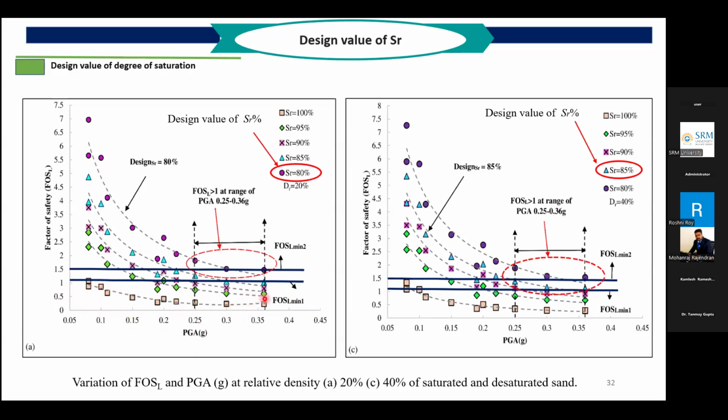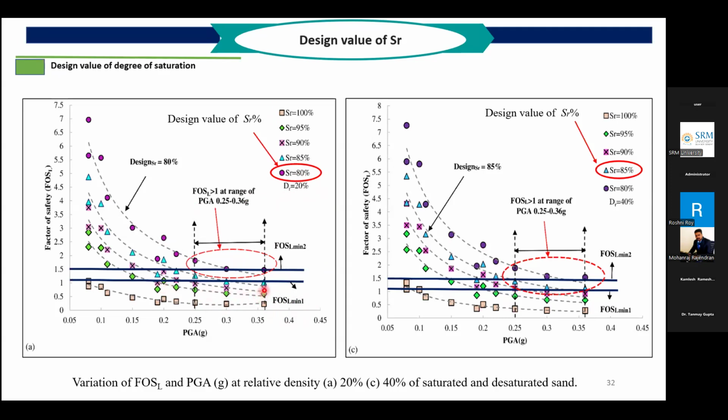But that is mitigated by reducing the degree of saturation. This particular plot pertains to 20% relative density, which is treated as a highly dangerous one in terms of soil compactness. If you reduce the degree of saturation from 100 to 95, you slightly increase the factor of safety.